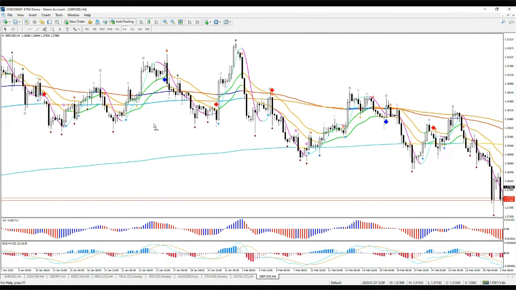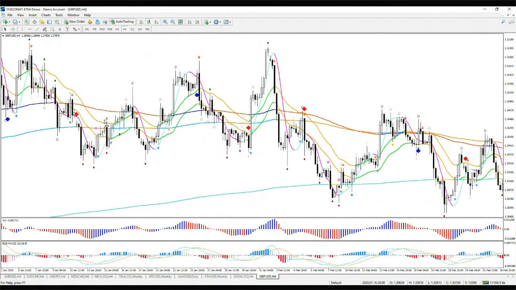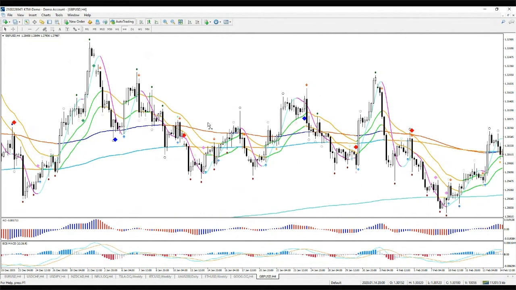So yeah, my main point for today, one of the main points at least, was the value of fractals versus the 21 and 144 MA. And I think that in these few minutes, you can already see that pretty quickly.